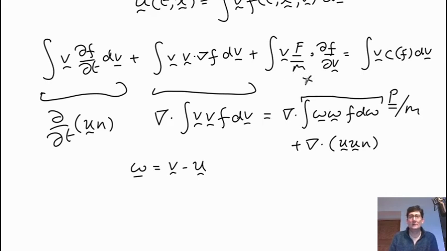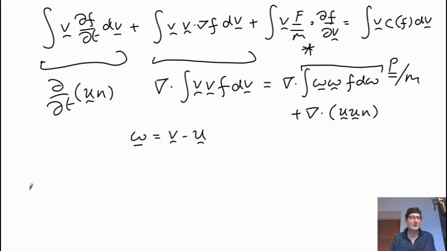The tricky bit I'm going to cover quickly is this part here, the force term, and it's easiest to just see each component separately. So if we first look at the x component of this equation, I'm going to take this force term here and just take the x component, because then the same calculation works for the y and the z components, so it's easier to see where the equation comes from.